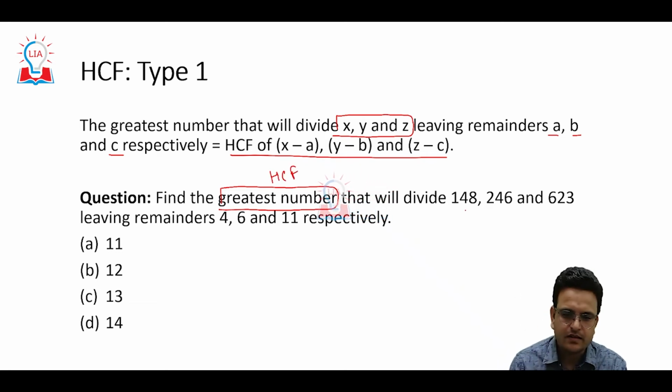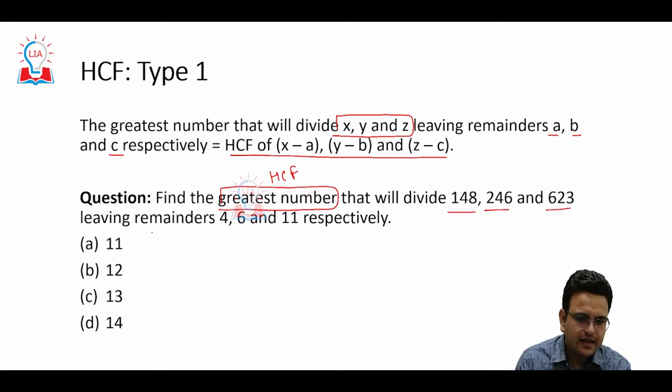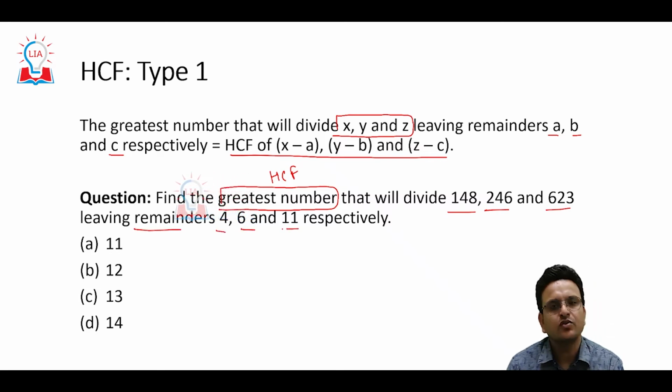That will divide 148, 246, 623, leaving remainders 4, 6, 11. So what you have to do?